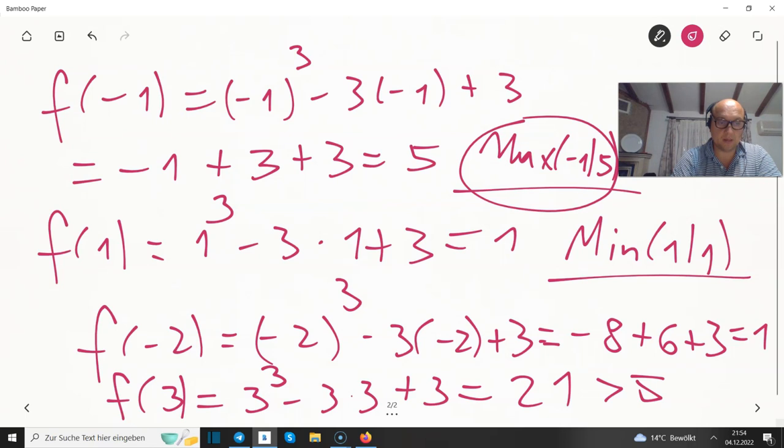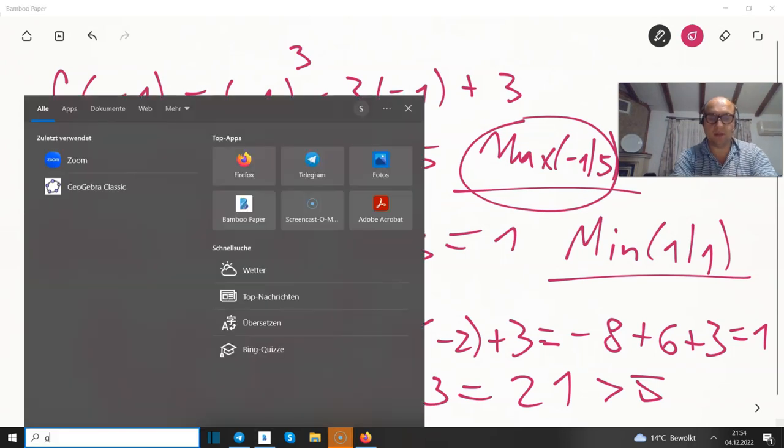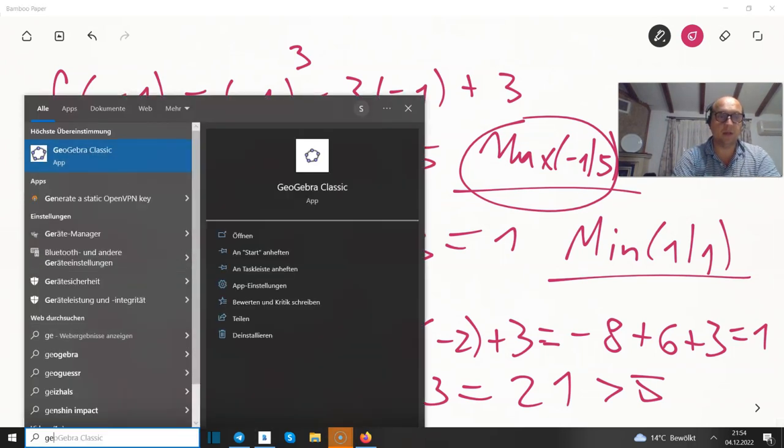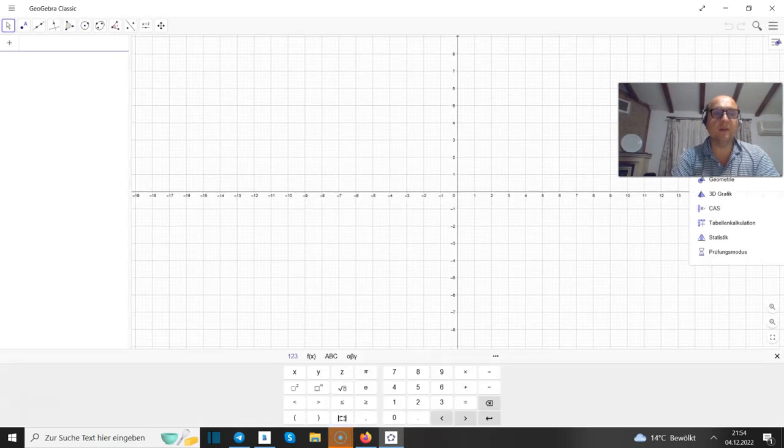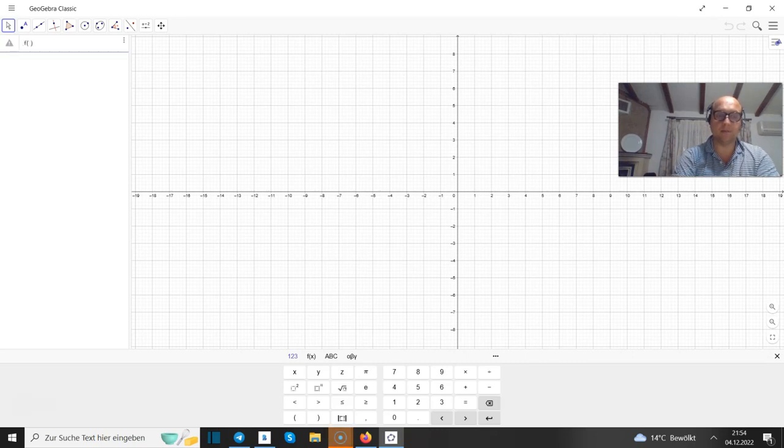Let us now clarify it and see what's happening. I'm just using software for this, and let us see whether it's correct what I've been doing. So we're taking f of x equals x cubed minus 3 times x plus 3.